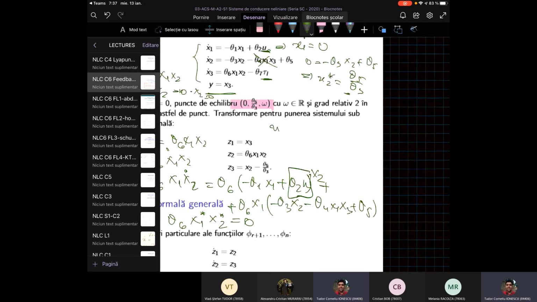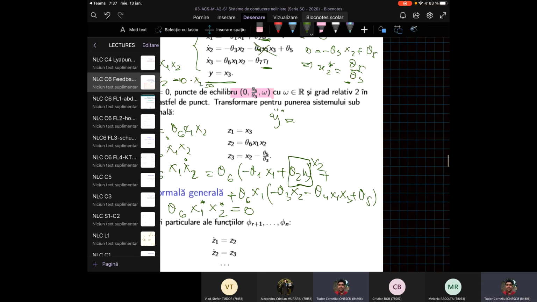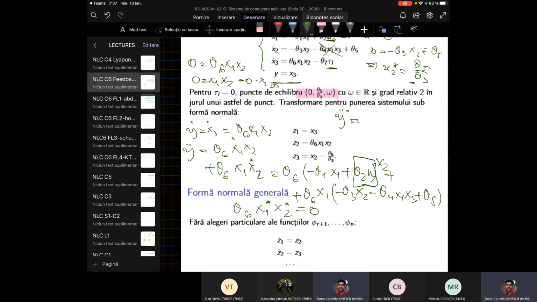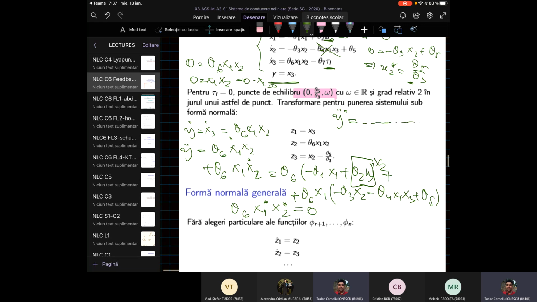And then you take y derived 3 times. Who is going to compute this derivative? Let's just believe him. It's kind of difficult to compute these things. Nonlinear systems is not easy, but you can do this exercise yourselves.